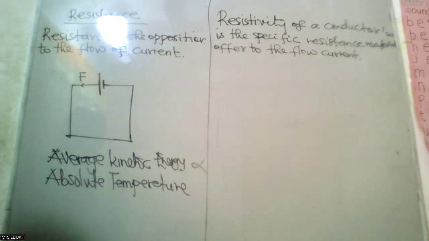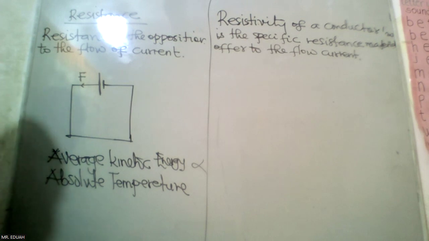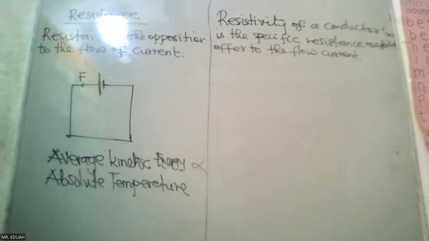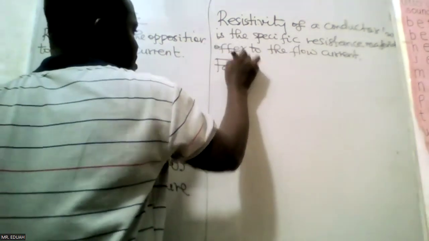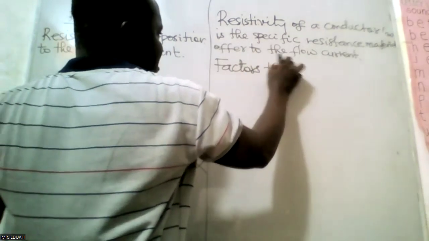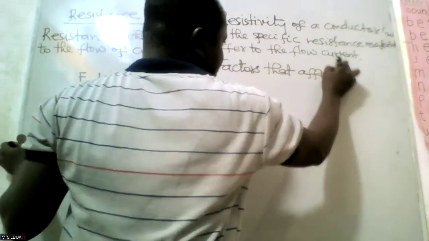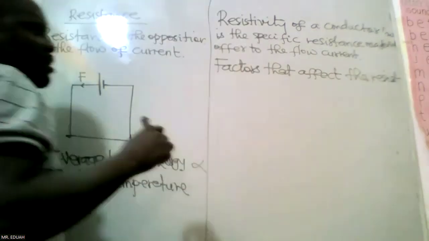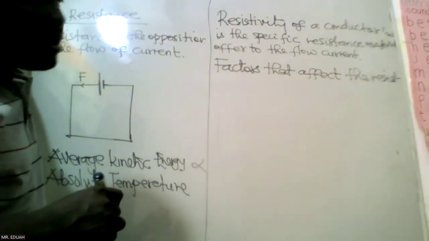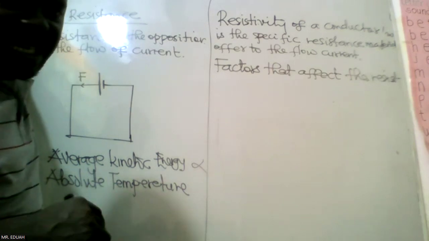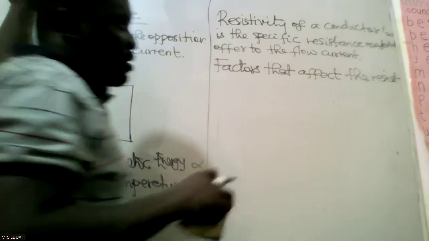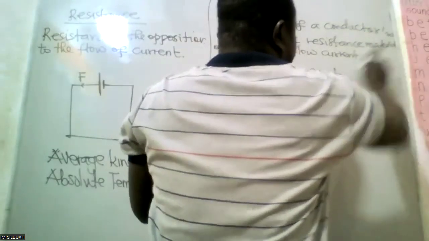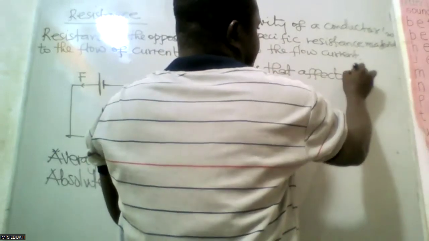So resistance, SI unit ohm. Now let's look at the physical factors that affect resistance.